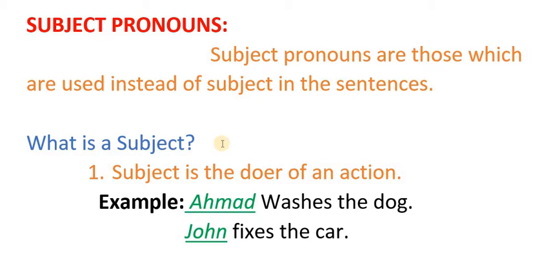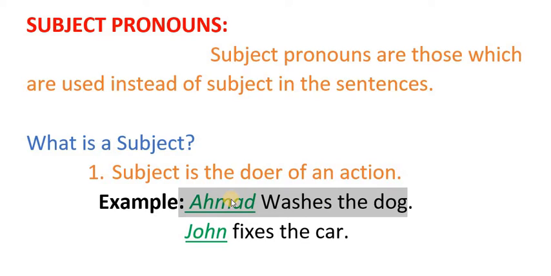Before we go to its examples, you should ask the question: what is a subject? We have many definitions of subject. The first one is that the subject is the doer of an action. It means in a sentence when someone is doing something, that is the subject. For example, the first sentence, Ahmad washes the dog.